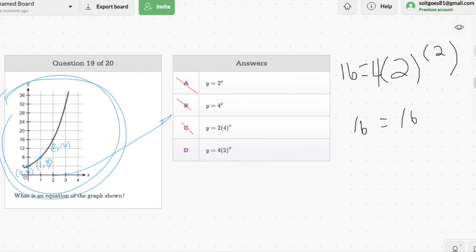Because 2 squared here is 4 times 4 is 16. So you get 16 on the right-hand side, 16 still on the left-hand side. Answer choice D. Bingo. Any questions about that?